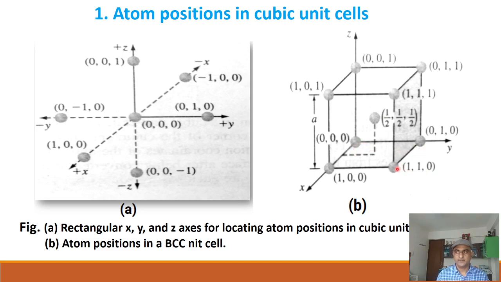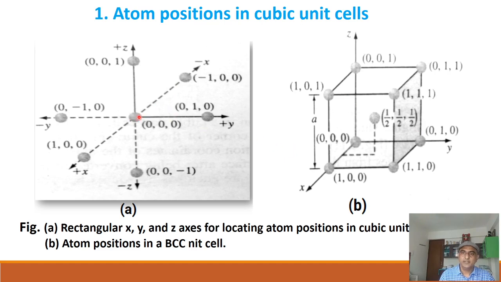This is on the plane, so on this plane, all the points are 0. These are the atoms of the unit cell, and we can define their positions by using these x, y, z coordinates. This is so on the positive side.